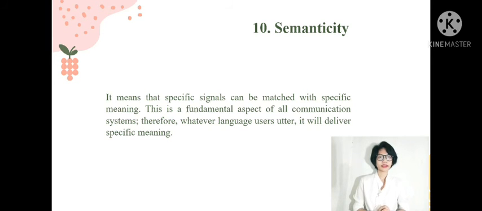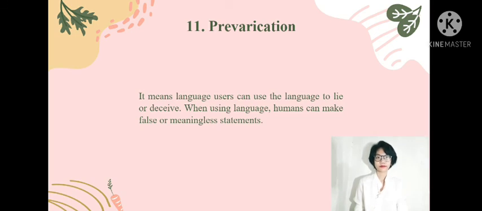The same substance is matched with the English word salt. A person who is a speaker of this language will recognize that the signal sel or salt refers to the substance sodium chloride. So the point of this example is that if we use any language, that particular meaning will also be conveyed. And the last of my explanation is prevarication.